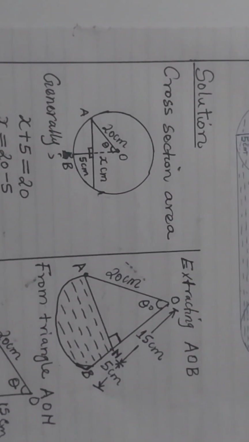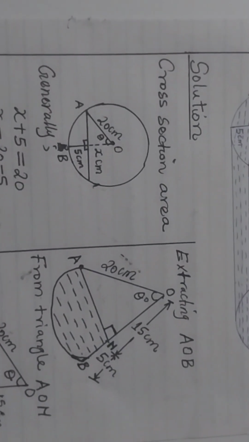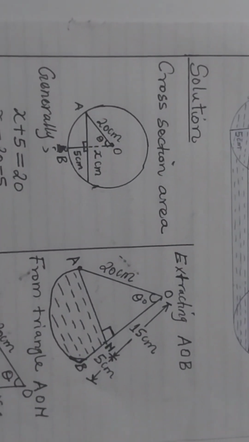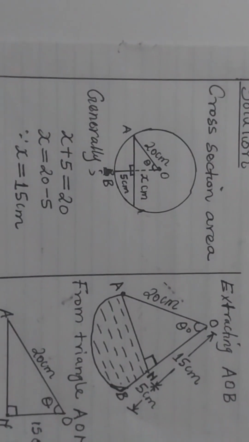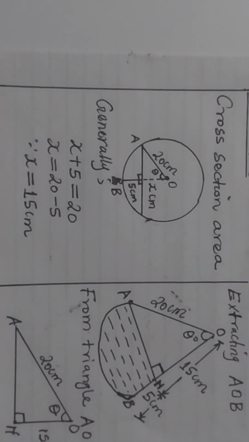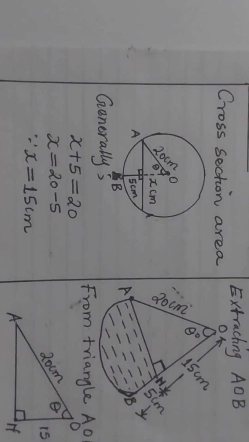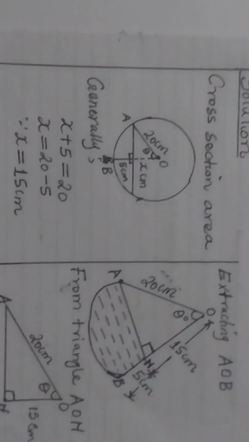And therefore, there is the missing part, which is x. But generally, we know that BO is the radius, which will also be equal to 20 centimeters. So we can add x to 5 and equate it to 20, in which case, if we solve, then the value of x is going to be 15 centimeters.